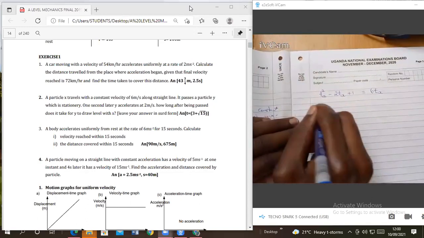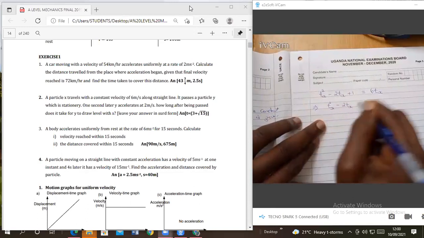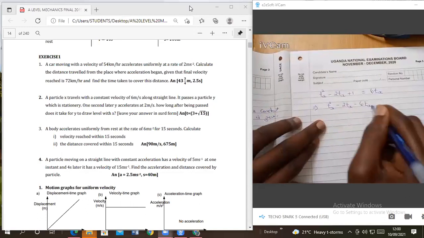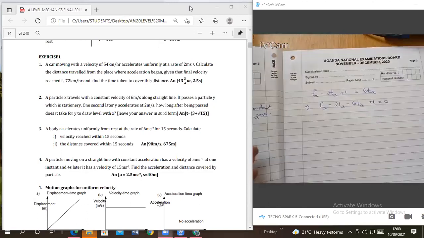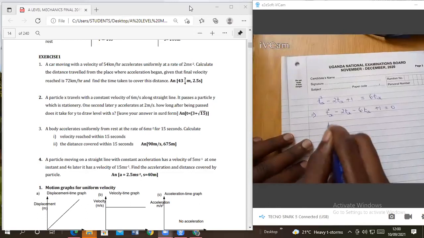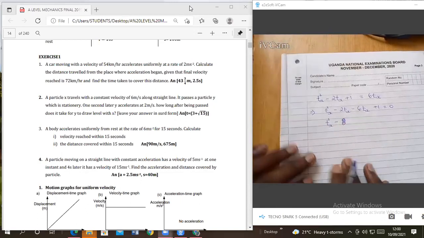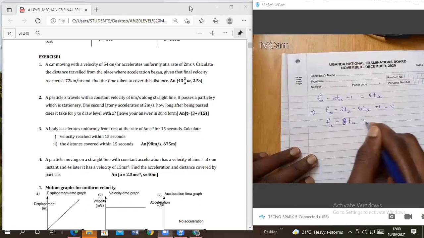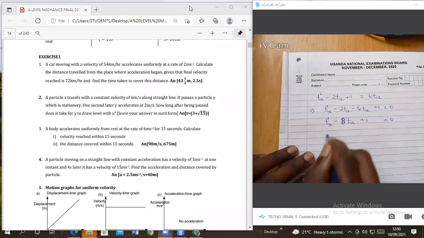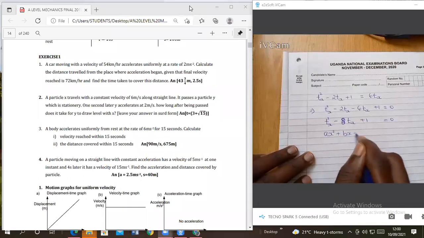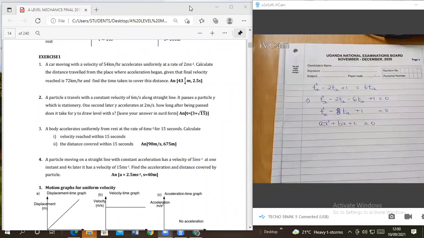Collect the like terms, so we shall have tx squared minus 2tx minus 6tx plus 1 equals 0. So this will give us tx squared minus 8tx plus 1 equals 0. Now you can see it is in the form of ax squared plus bx plus c equals 0.